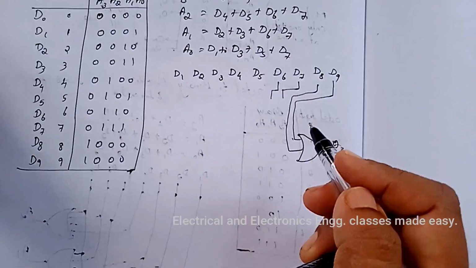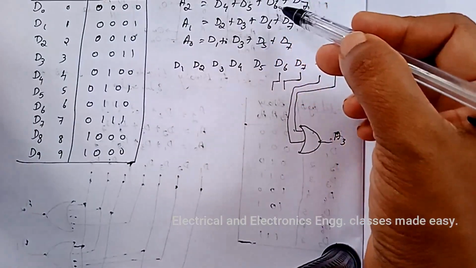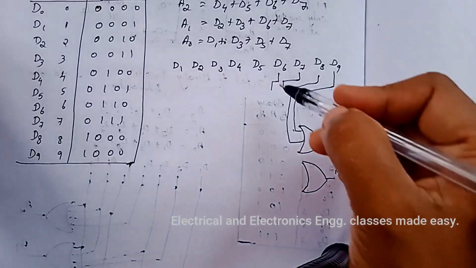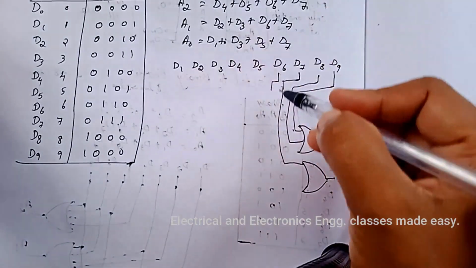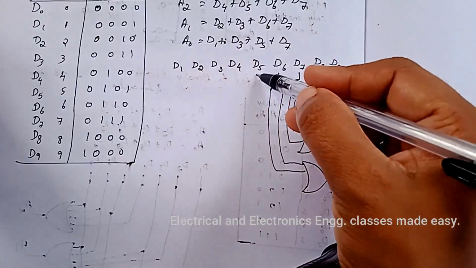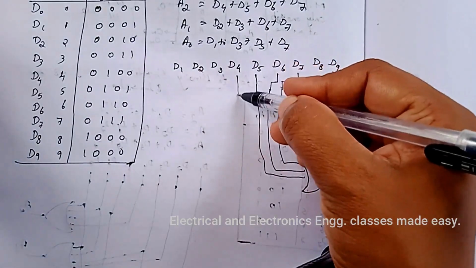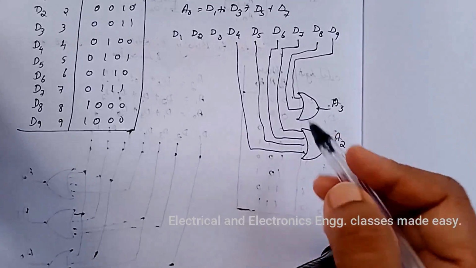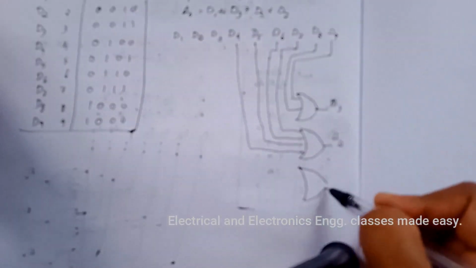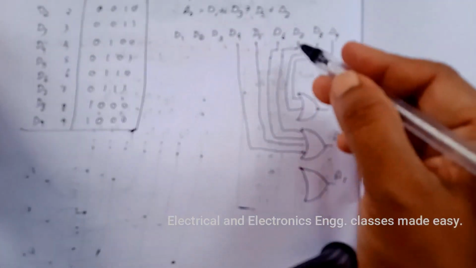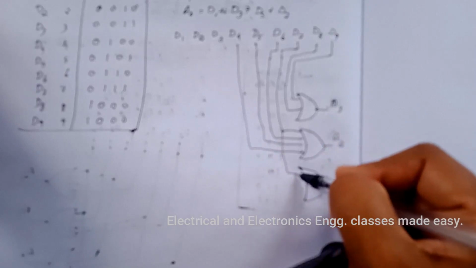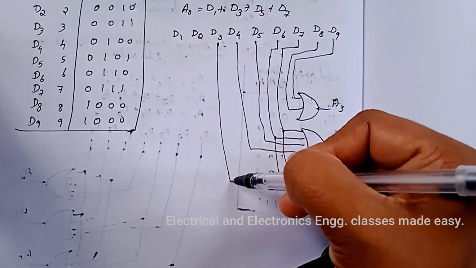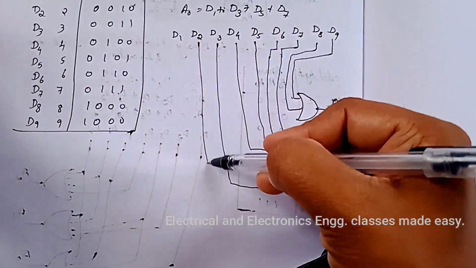Next is A2. A2 is D4 plus D5 plus D6 plus D7, so the OR gate has inputs D7, D6, D5 and D4. A1 is D2, D3, D6, D7, so the OR gate has inputs D7, D6, D3 and D2.